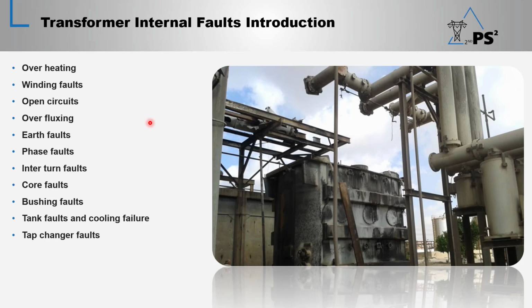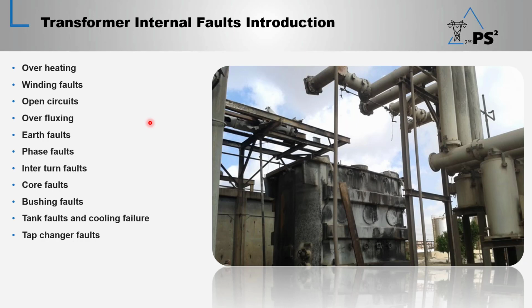And silica gel, if not checked and it gets wet or saturated with moisture, moisture can go inside the oil and inside the winding, which leads to transformer failure.